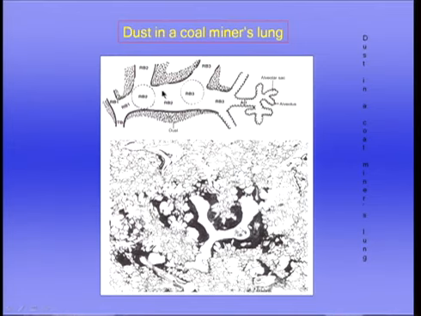Incidentally, I should just mention as a caution that the fact that we find the dust here doesn't mean that it hasn't been transported to some extent from elsewhere, but nevertheless, we know this is the region where the dust is deposited.